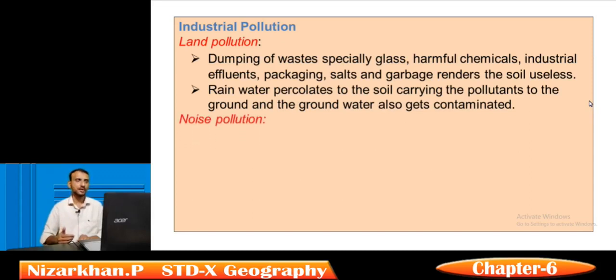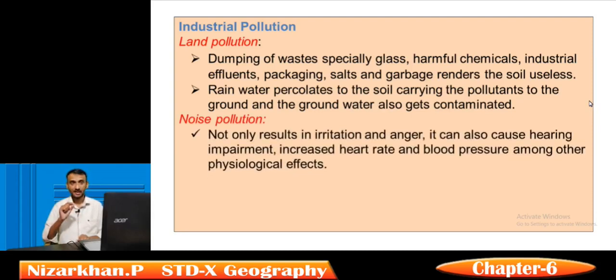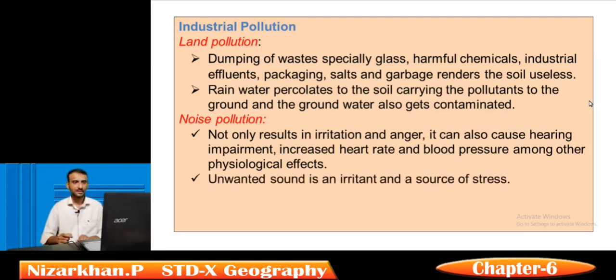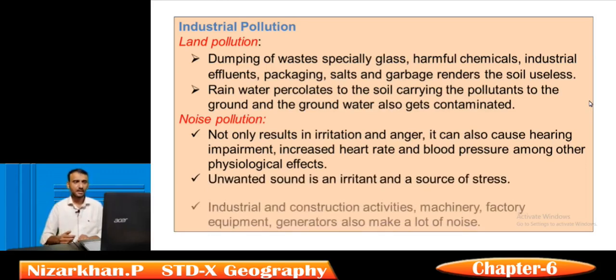Then noise pollution. It not only results in irritation and anger, it can also cause hearing impairment, increased heart rate and blood pressure, among other physiological effects. What is noise pollution actually? Unwanted sound is an irritant and a source of stress, especially the high sounds of machines in factories.